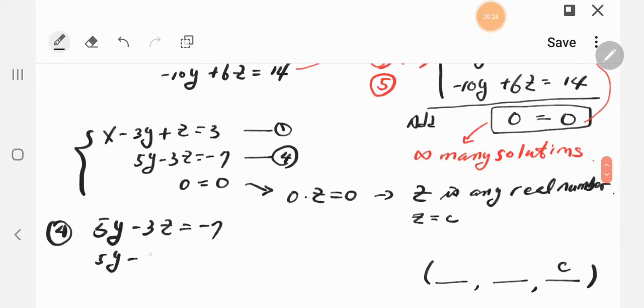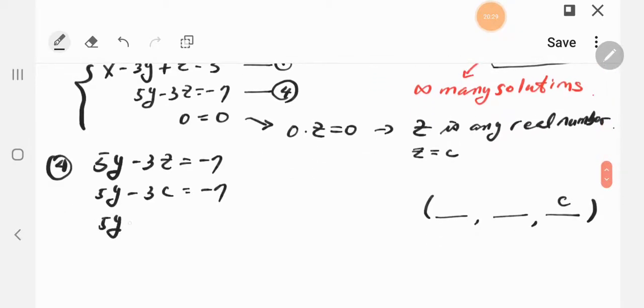So 5y minus 3c is equal to negative 7. Then 5y is equal to 3c minus 7. Then y is equal to, divide each side by 5, 3 over 5 c minus 7 over 5. So if z value is c, then the y value will be 3 over 5 c minus 7 over 5.